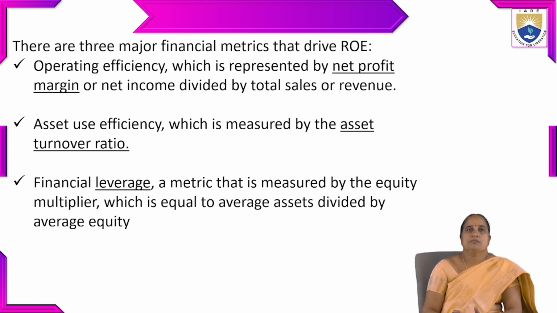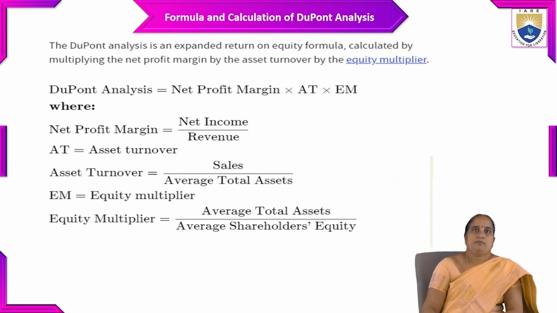And third is financial leverage, a metric measured by the equity multiplier, which is equal to average assets divided by average equity. With the help of these three factors, the company's ROI can be assessed by the investor before investing in any of the investment options.